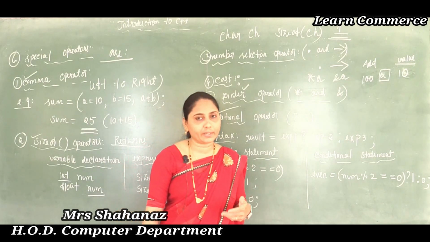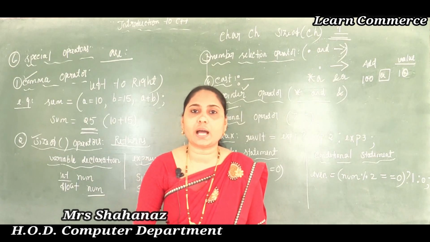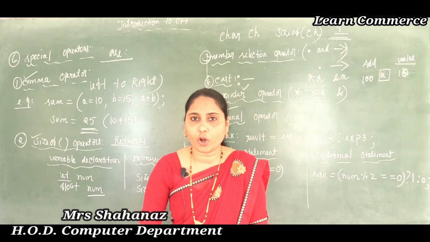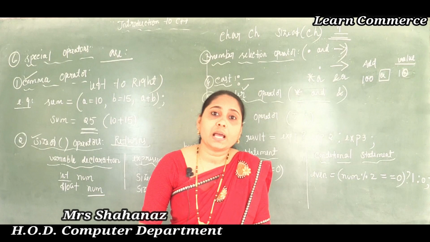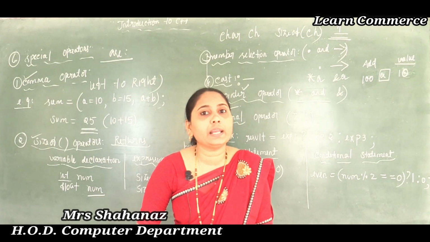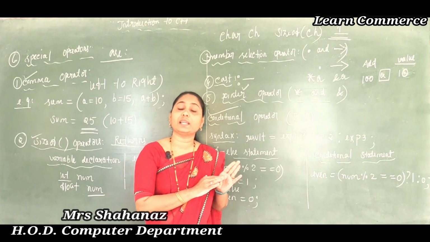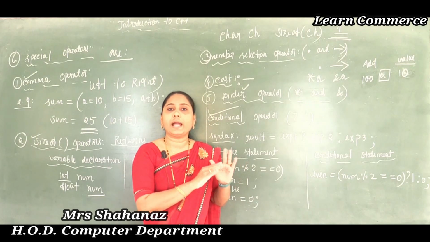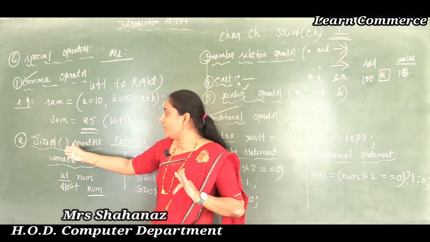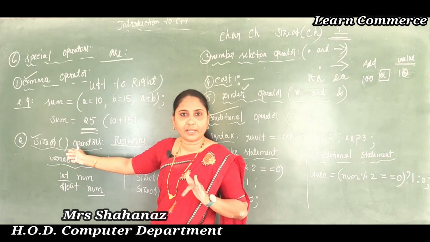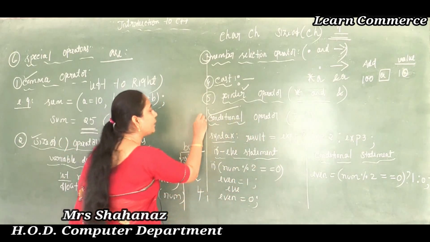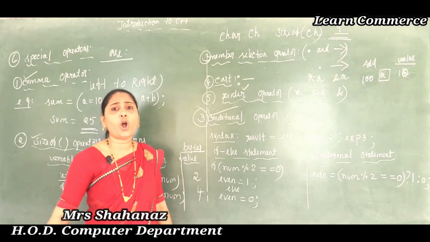Many different operators are there, and such operators are classified as unary operators, binary operators, and the last one is the ternary operator. We completed the unary operators and the binary operators. Now let's go to the third main point of the operators.